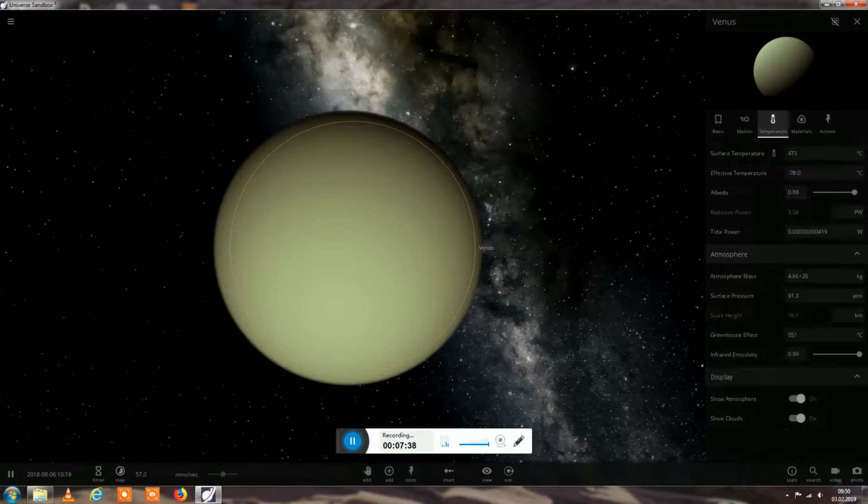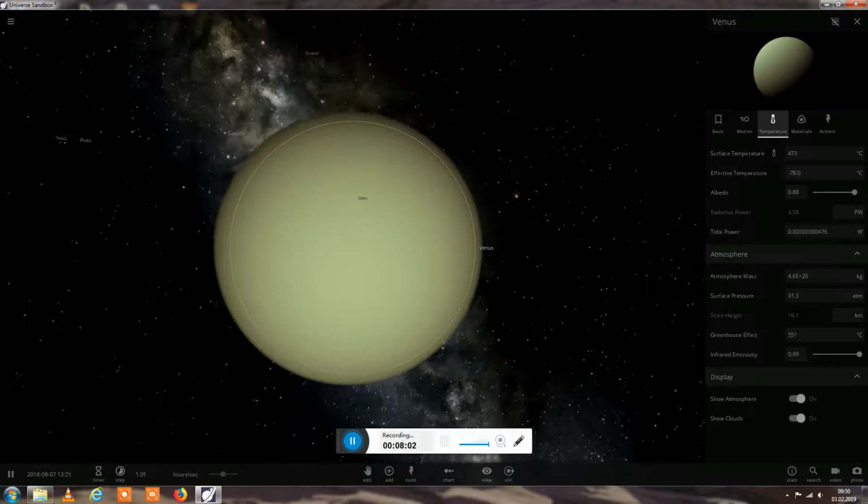However, the problem is with its dense atmosphere. Its atmosphere is 90 times that of Earth's atmosphere, and it's made almost entirely of carbon dioxide with some sulfuric acid in its clouds.